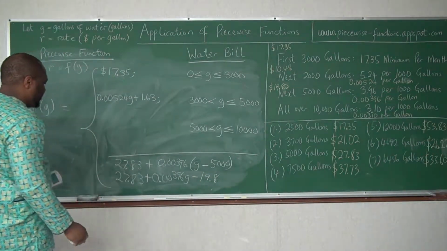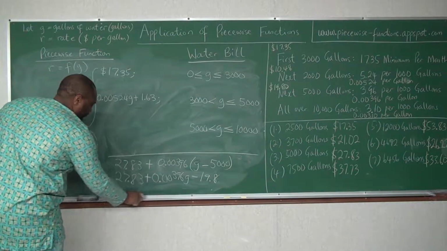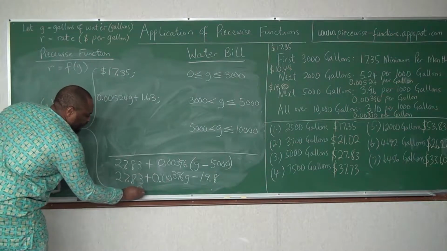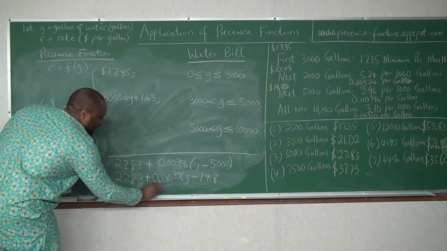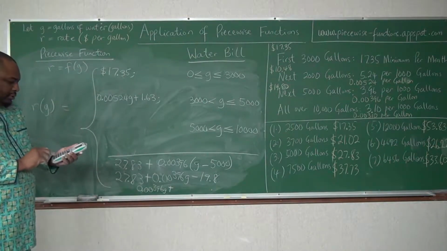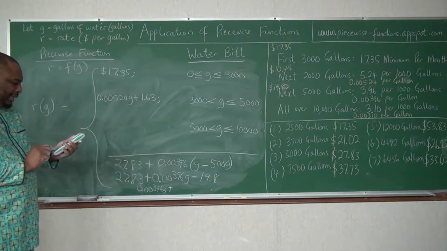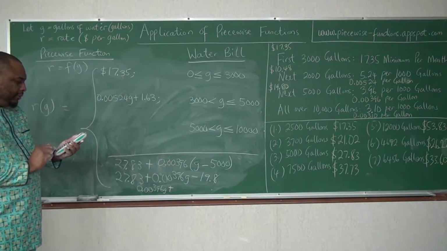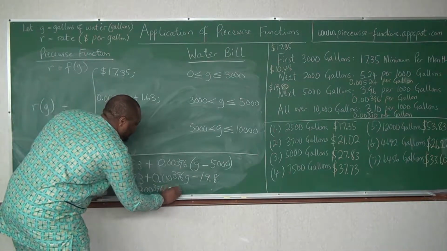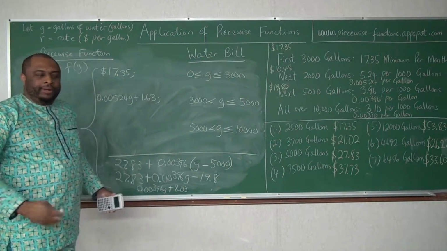So this gives us 0.00396 G plus, so you do 27.83 minus 19.8, which is 8.03.